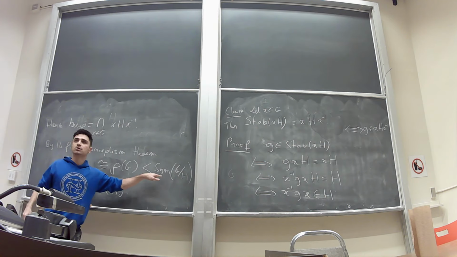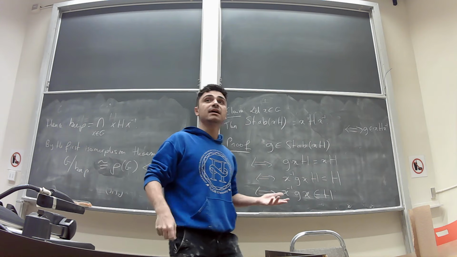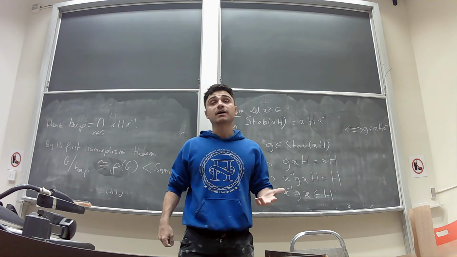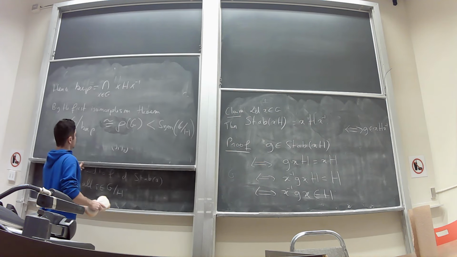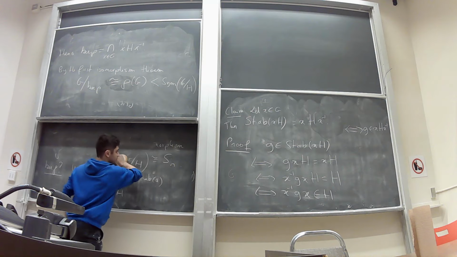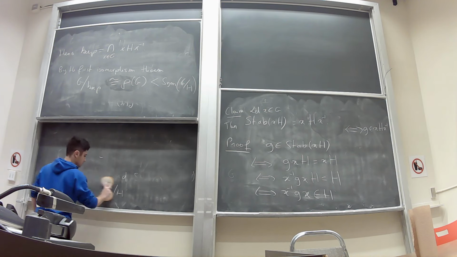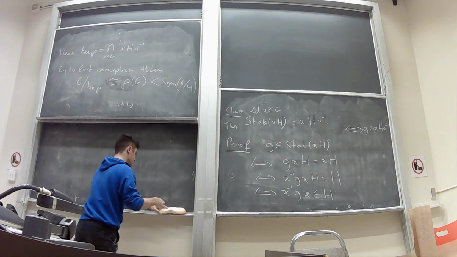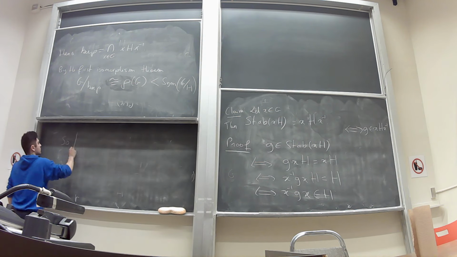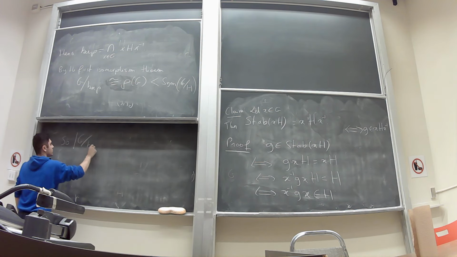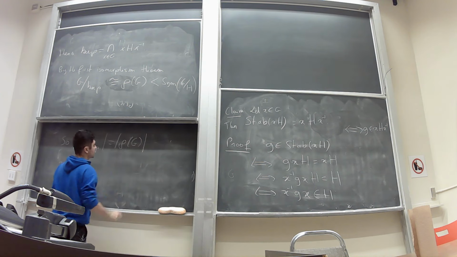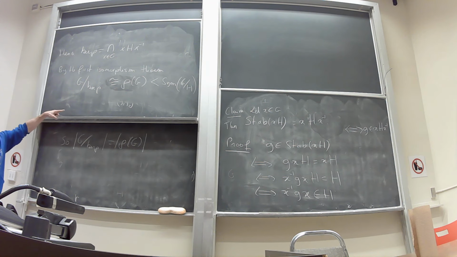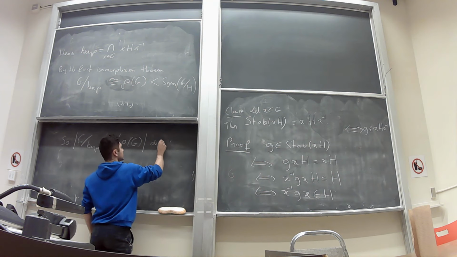How many elements does Sn have? n factorial, right? So the order of G mod the kernel of rho, which is equal to the order of rho of G, is finite because it's a subgroup of the symmetric group on n letters and divides n factorial.